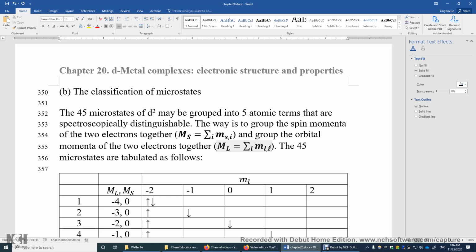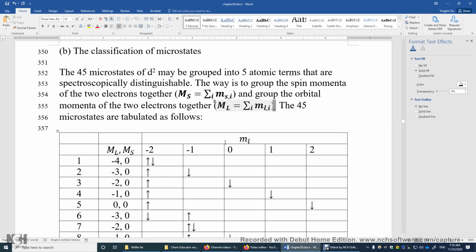Well, the z components are scalars. It's easier and much more convenient to add up those scalars. The 3-dimensional spins and 3-dimensional orbital motions are vectors, and it's much more difficult to add up vectors together. So now let's look at the z components.